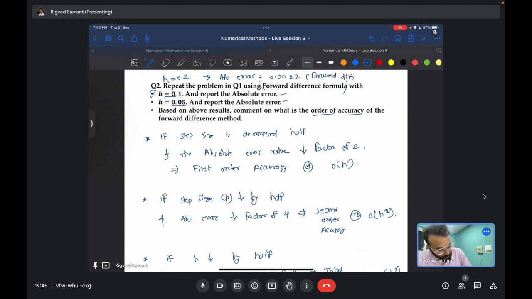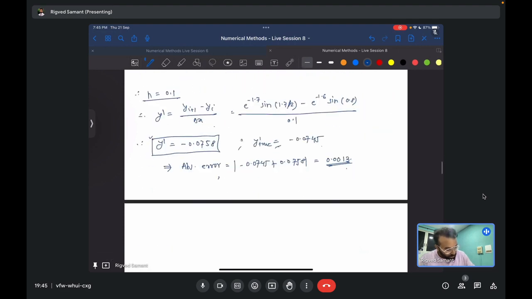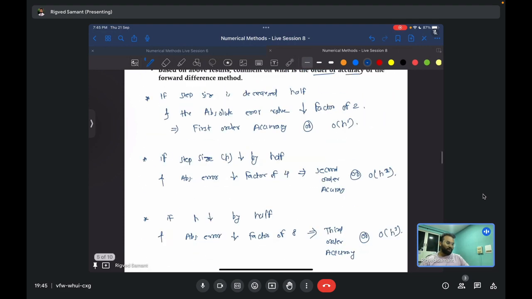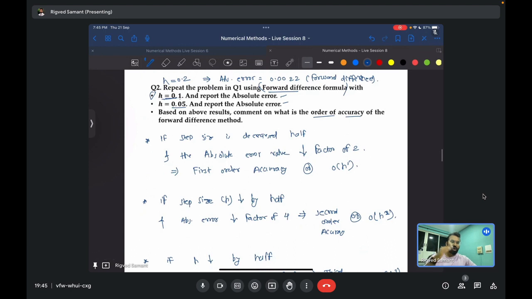Okay, we are just focusing on forward difference now. Now using h is equal to 0.1 and the forward difference formula, we got 0.0013. So it's more or less reduced to half, right? 0.0022 to 0.0013. So we can say that it is first order accuracy, but let's go ahead and solve for 0.05 and see if it's really behaving the same way.